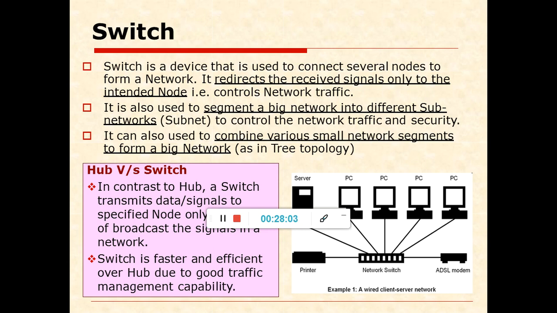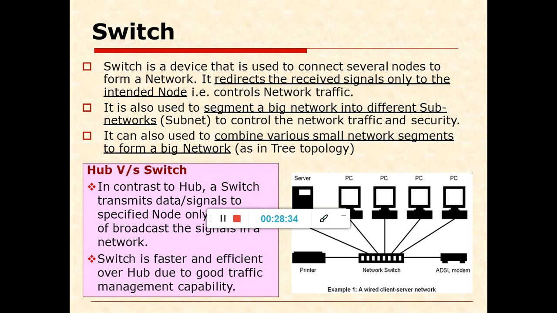So if broadcasting of signals is required, we can use hub. So hub is best for sending data to all receivers. And switch is faster and more efficient than hub due to good traffic management capability.